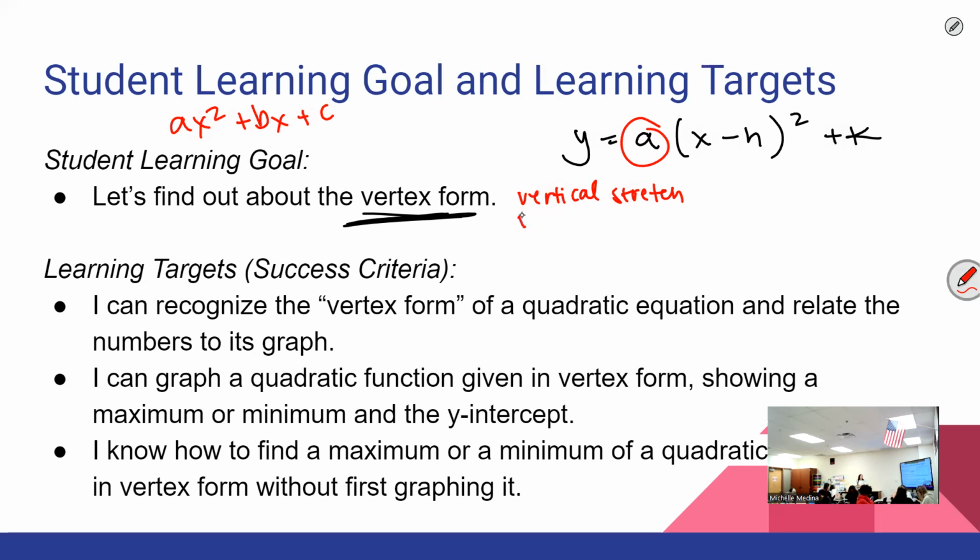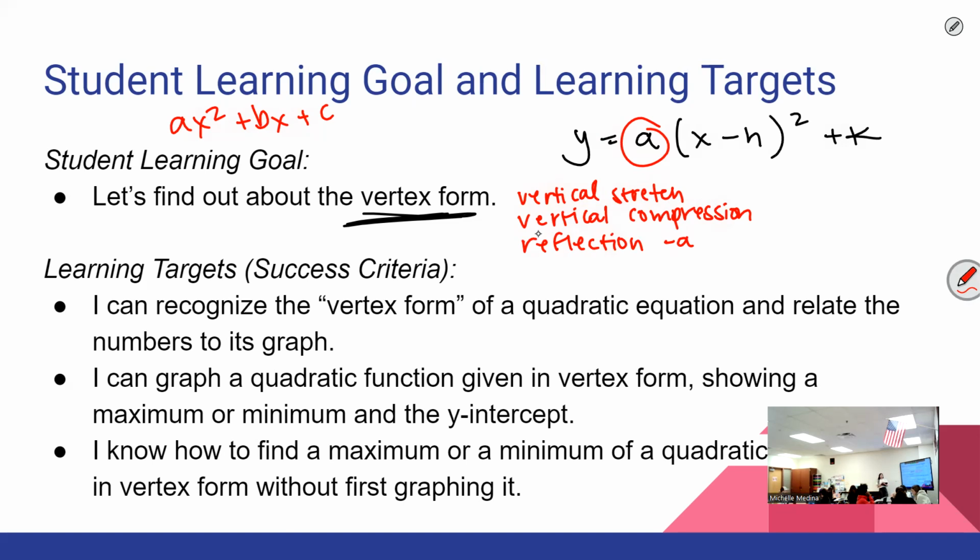It can make a vertical compression if it's between -1 and +1. And it can also be a reflection if it's negative. Same thing we learned yesterday. If you change the A, it could result in one or even multiple of these changes.